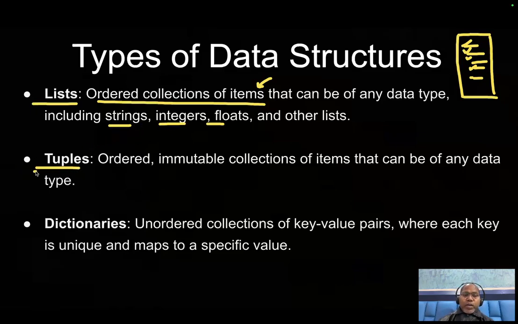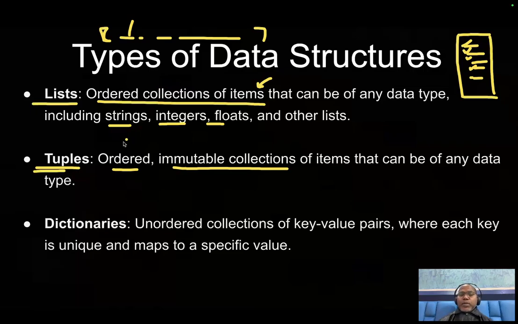The second one is the tuple. This is an ordered immutable collection. That means you are collecting a list of values, but a list can be ordered and allows modification. Here, the tuple is an immutable collection. Whatever objects you are collecting, this collection cannot be modified.